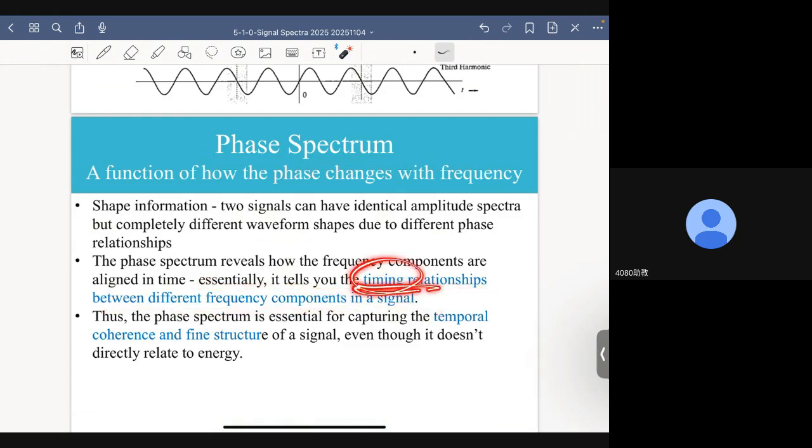So timing has everything to do with phase. Phase, timing, phase, timing. Two key words. Thus, the phase spectrum is essentially for capturing the temporal coherence and fine structure of a signal.